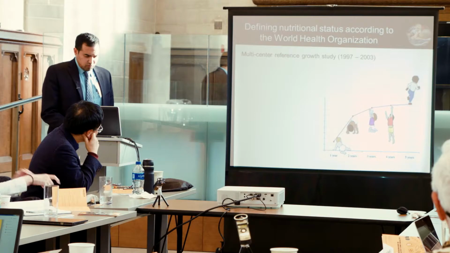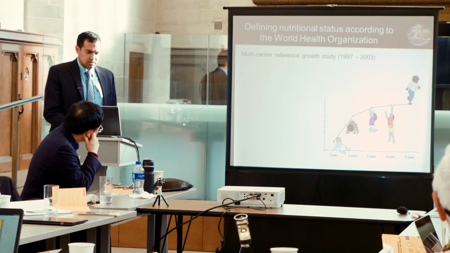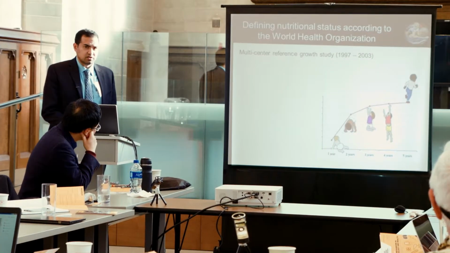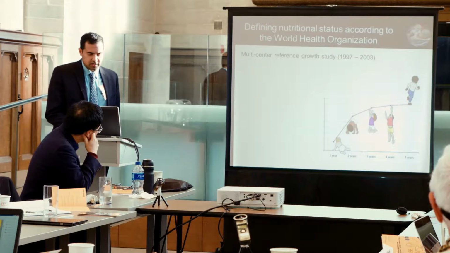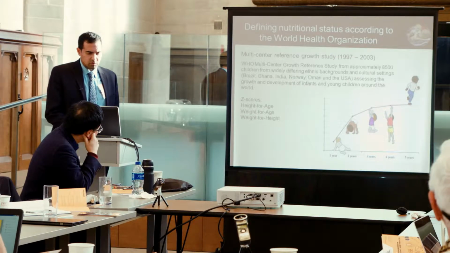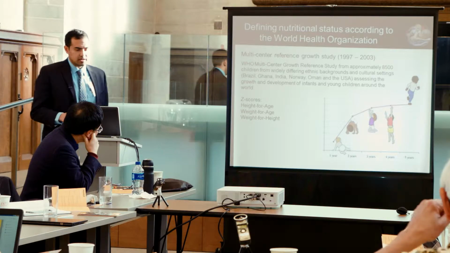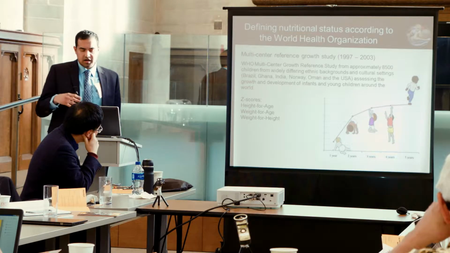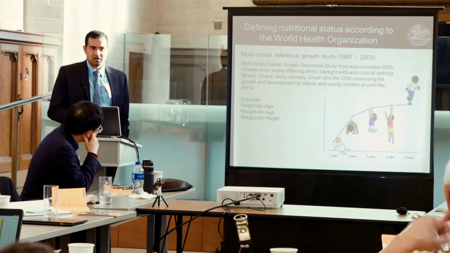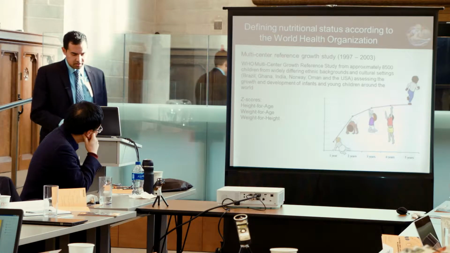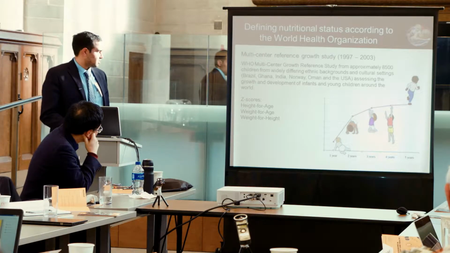One thing that's really important for us to understand as I go through this talk is how do we define nutrition? The way that the World Health Organization helped us frame this concept is by measuring height and weight across a very large number of children. It's a relatively simple concept.